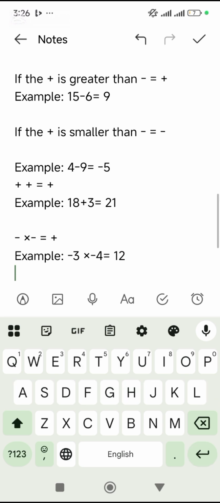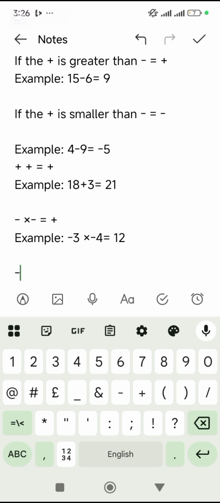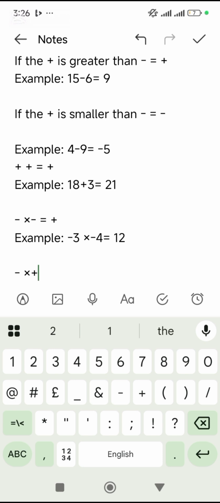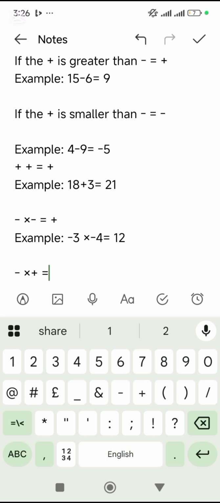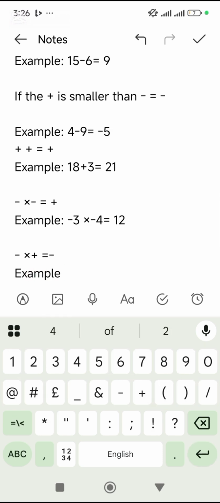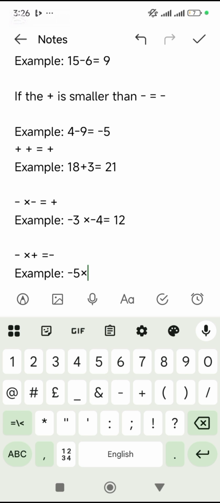Okay, another one, let's say we have minus times plus, it will be equal to minus, not plus. So we take an example. Let's say we have minus 5 times 4.